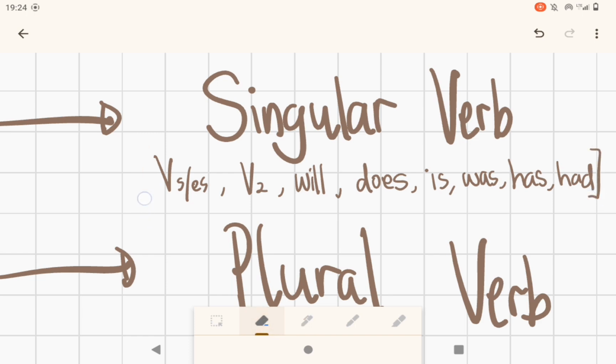Okay, that is the singular verb. The most significant is the verb 1 form, or the base form, with s and es.